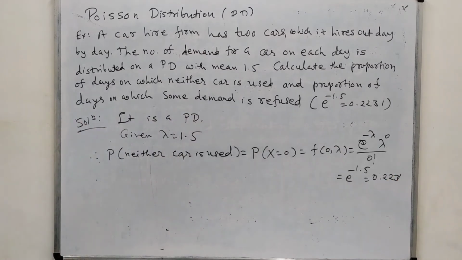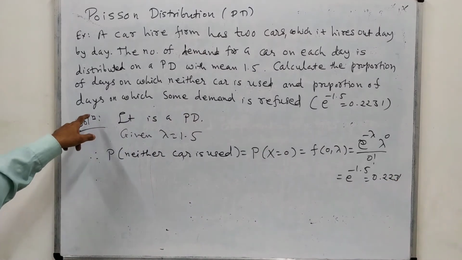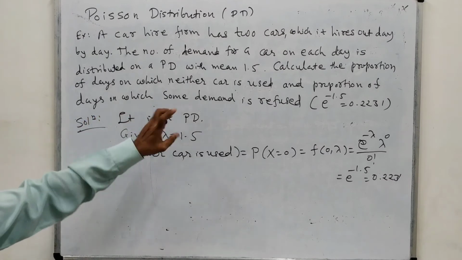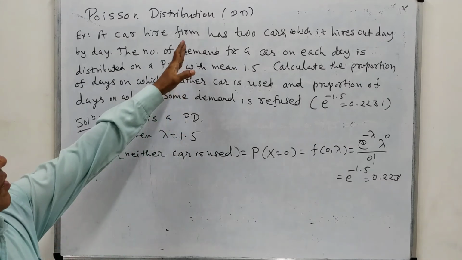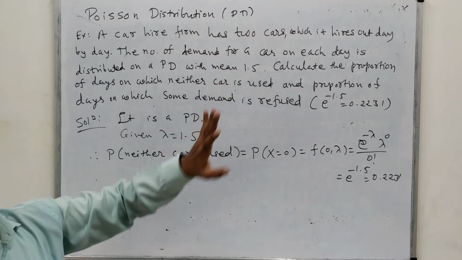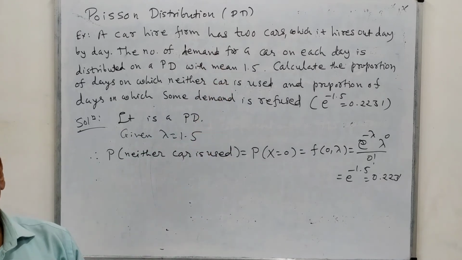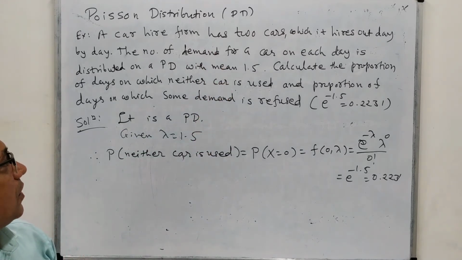Okay. And secondly, we want to find out the proportion of days on which some demand is refused. That means when the demand will get refused, the firm has only two cars. So if there is a demand of more than two cars, then the demand will be refused automatically. Because if I want 3 cars on rent, then this company will refuse my demand.